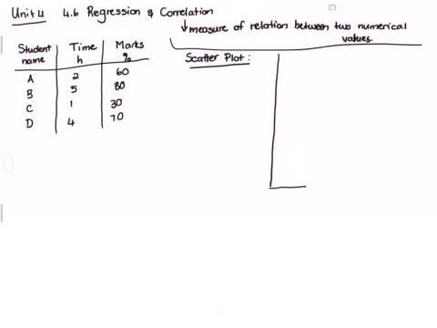What is my independent variable? My X is the hours studied. Remember again, be accurate. Use your ruler, mark off exactly to scale. Otherwise your plot has absolutely no meaning.